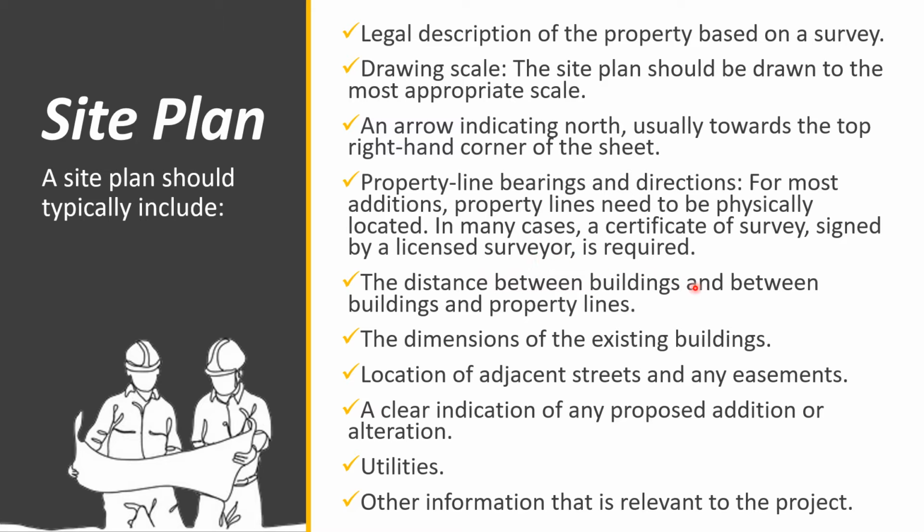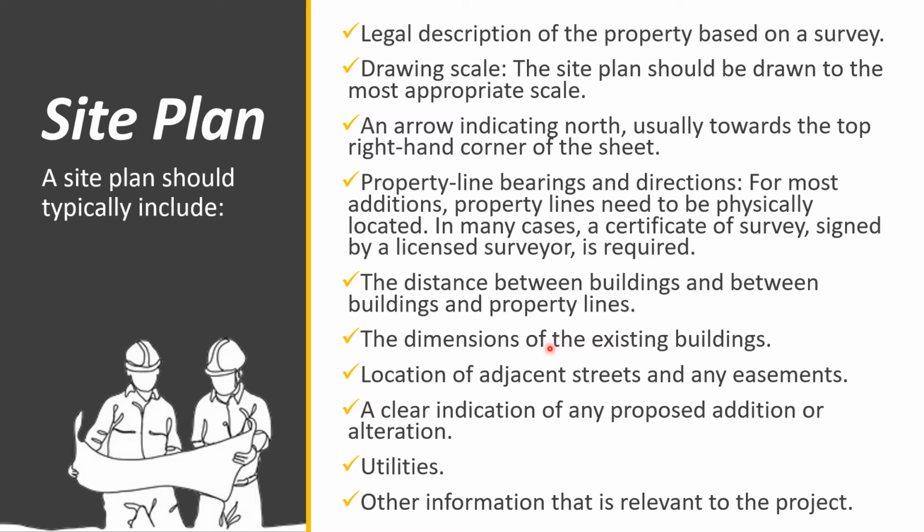Next, the distance between the buildings and between the buildings and the property lines. If there are adjacent buildings, the distance to the neighboring buildings needs to be specified. Also the dimensions of the existing buildings, the nearest existing buildings to the construction site.